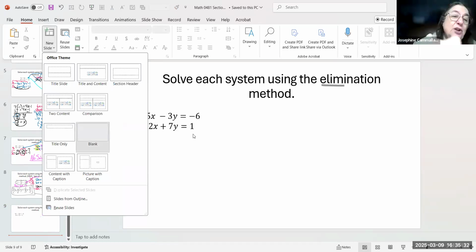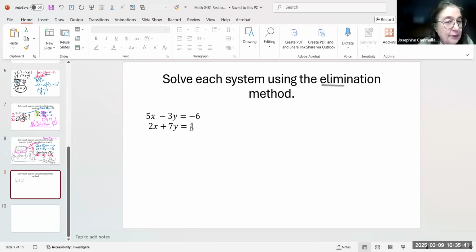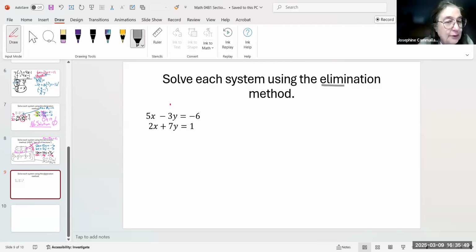Now, first off, if I look at the x's, they're going to give me 7x if I add them together. The second column gives me a positive 4y, but I still can't eliminate. So what I'm going to do is put this blank out in front, and I'm going to go for the y.